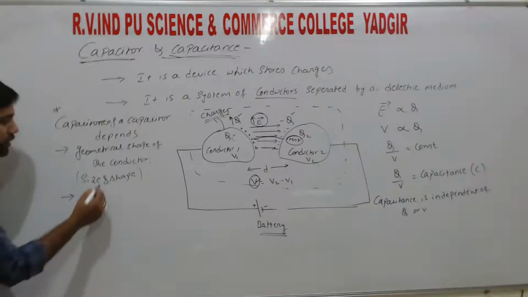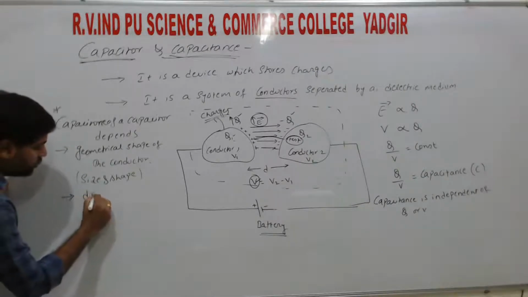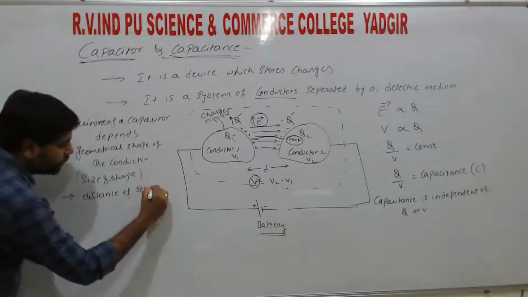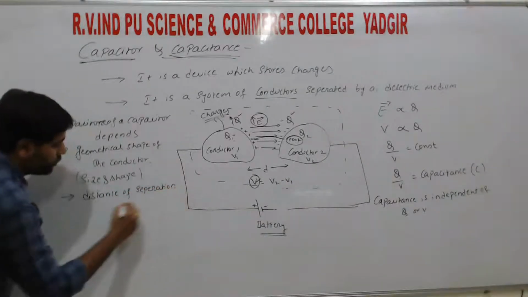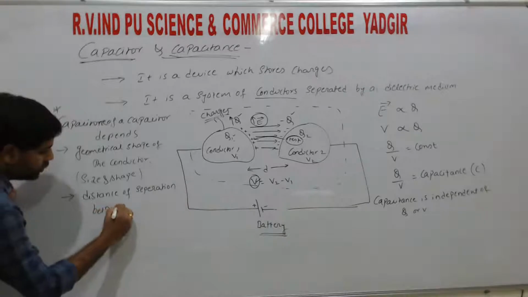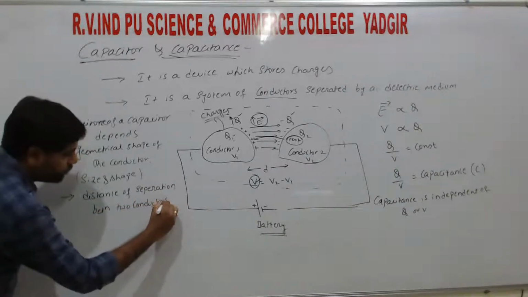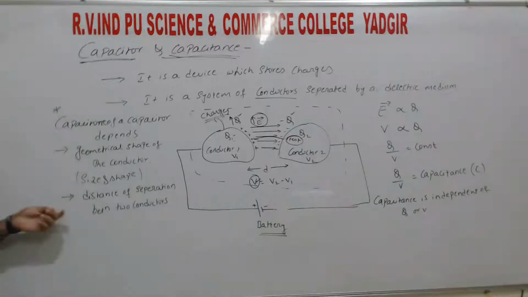So the next one is the distance of separation between two conductors, right? So this one is the second point.